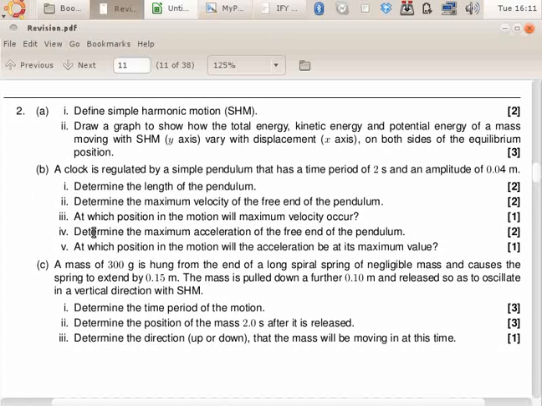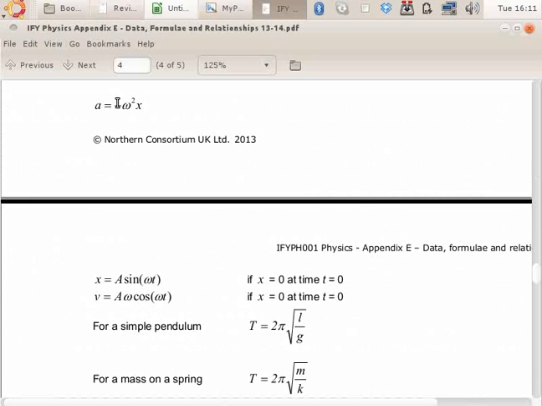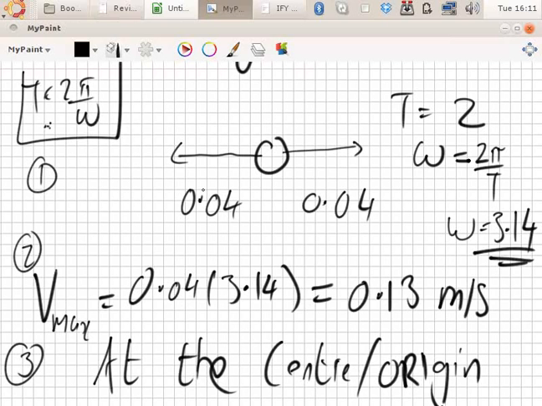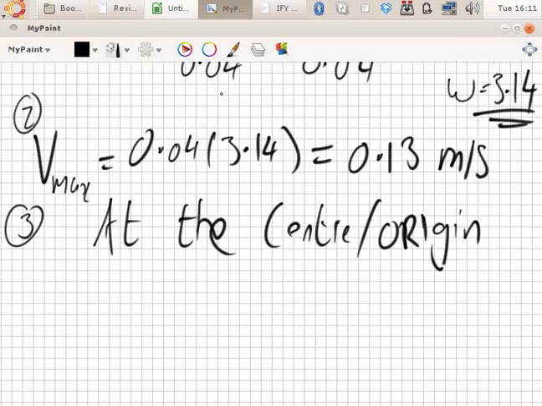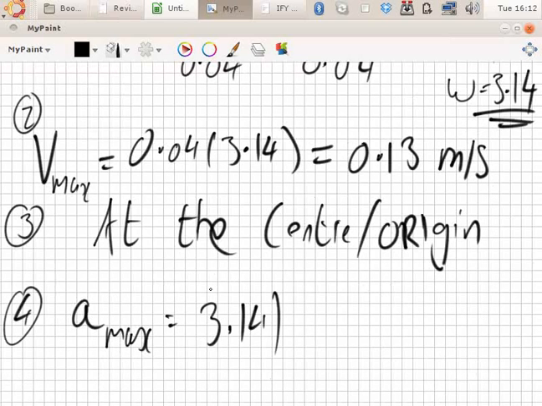Determine the maximum acceleration now. If I go back to the formula book, here's the formula for acceleration. What's the biggest x can be? The biggest x can be is 0.04. So the maximum acceleration will be omega squared times 0.04.